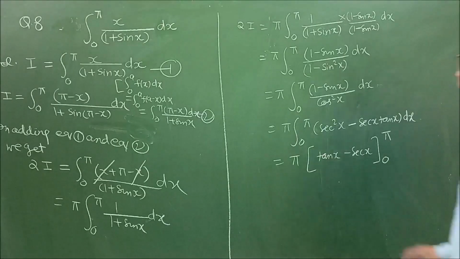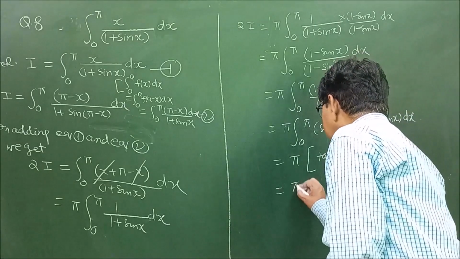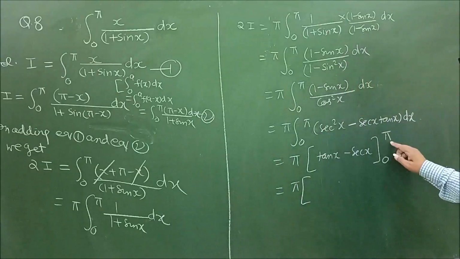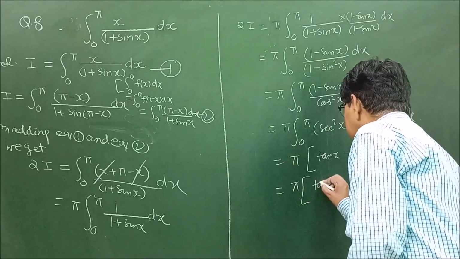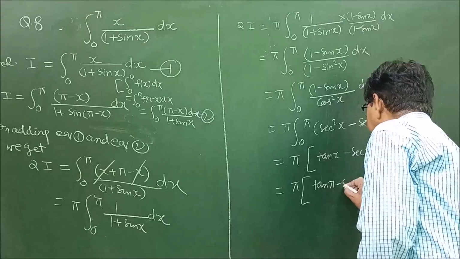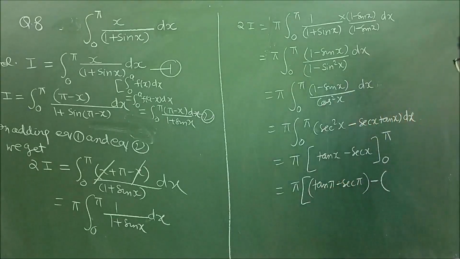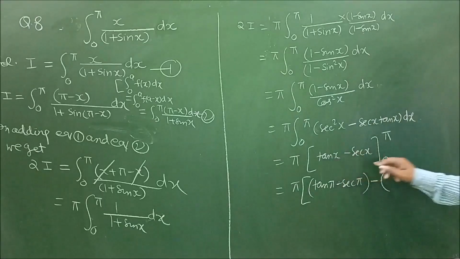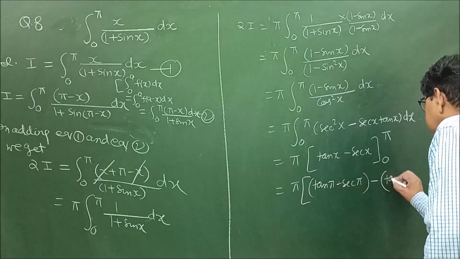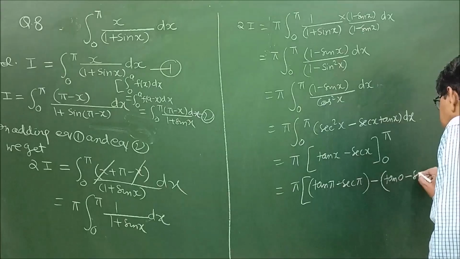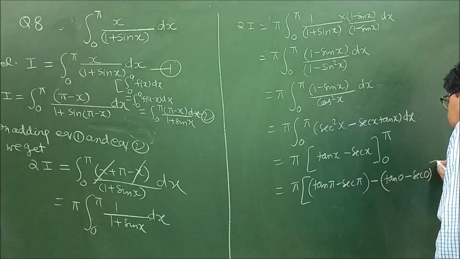So this is equal to 2I is equal to pi into, now putting the limits, tan pi minus sec pi, minus the lower limit tan 0 minus sec 0.